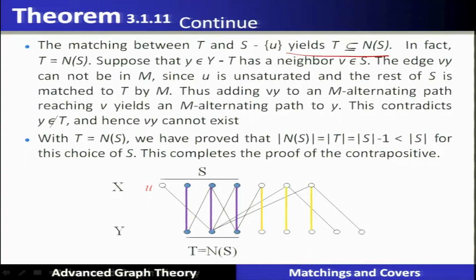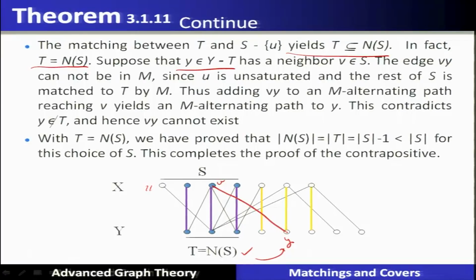Furthermore, the matching between these two sets T and S minus u will yield that T is equal to the neighborhood of S, and suppose there exists a y which is not in T and has a neighbor v in S. Let us say that this is v, it has a neighbor.